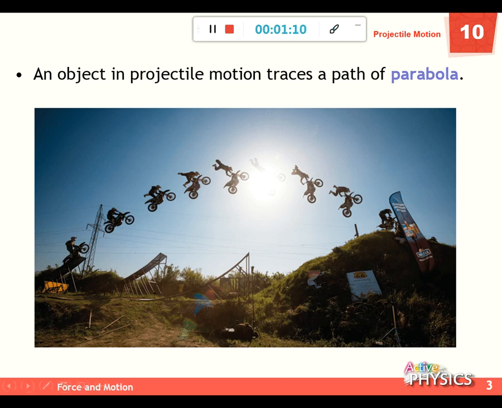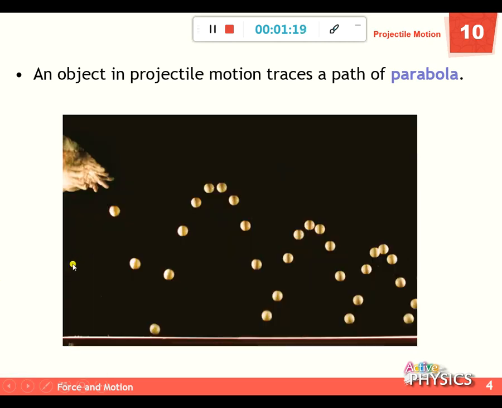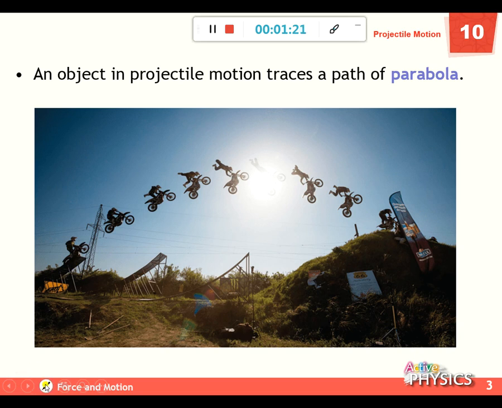And also, this one will be the other example. You can also see the path like that. It goes up, and then goes down. Of course, everything is due to the gravitational force.